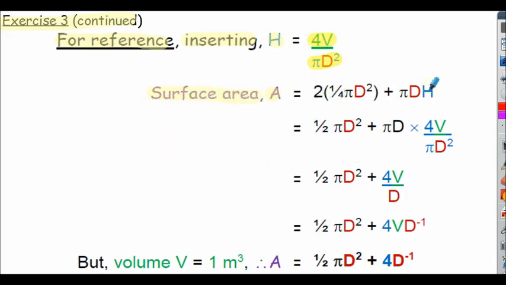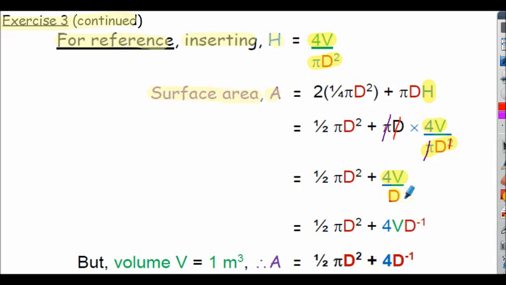So inserting for H, the 4v divided by pi d squared. Notice how the pi in the numerator here cancels with pi in the denominator, and also how d in the numerator cancels the squared term in the denominator, leaving us purely with d in the denominator. So that simplifies to 4v divided by d.